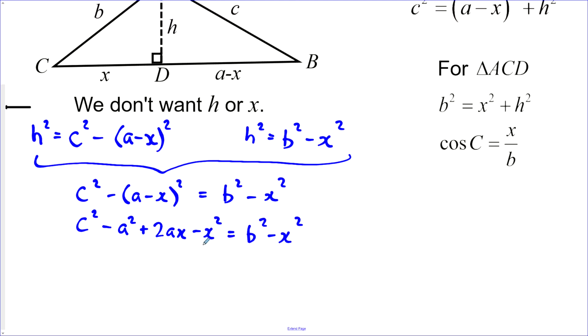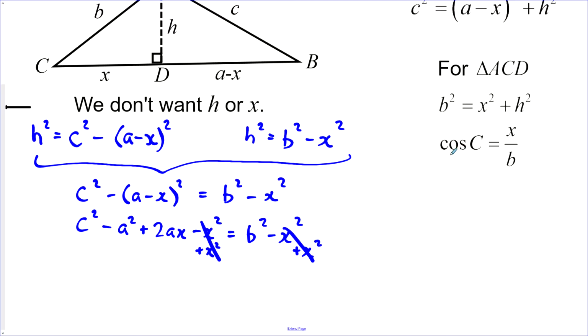So on both sides we can add an x squared to get rid of this one and this one, and that's good because we didn't want the x's in this equation. Next, we have one more x here, and that's too bad because we didn't want that.